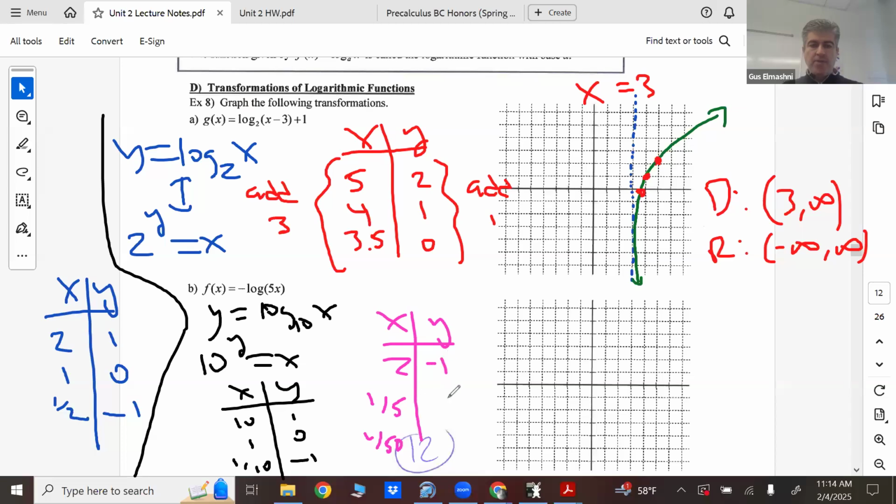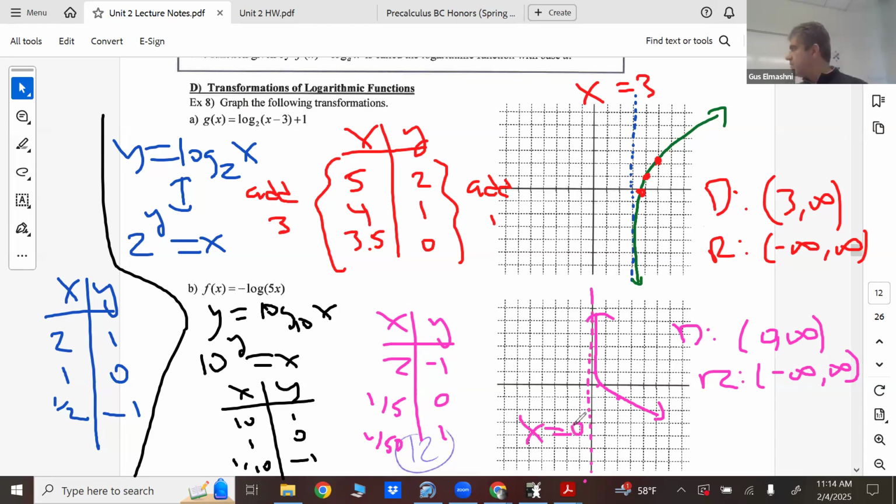And change y by changing the sign. You guys get that?